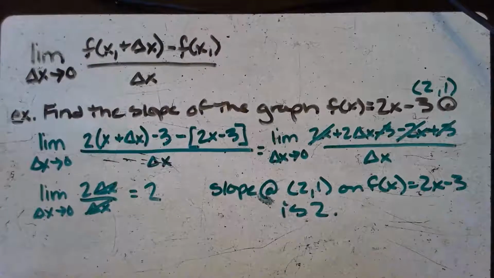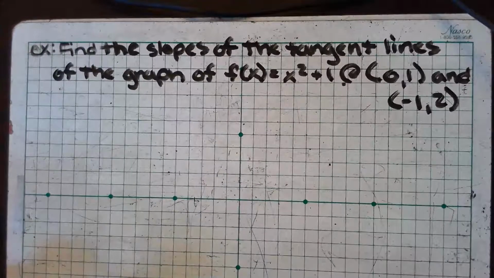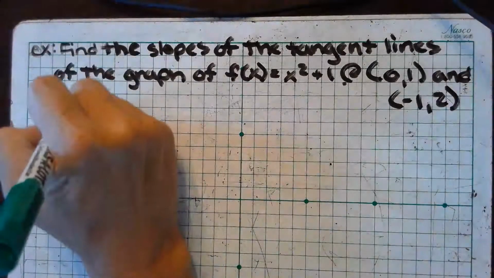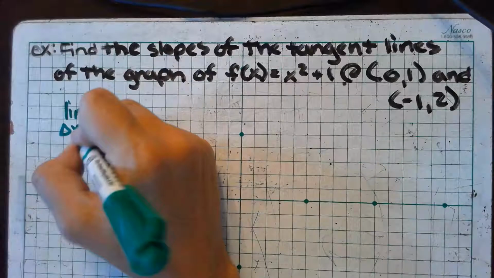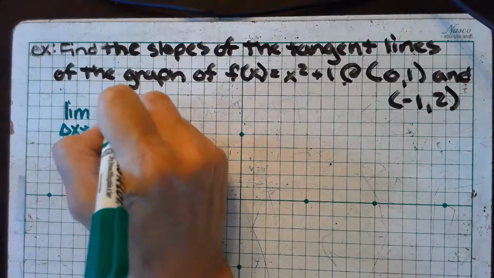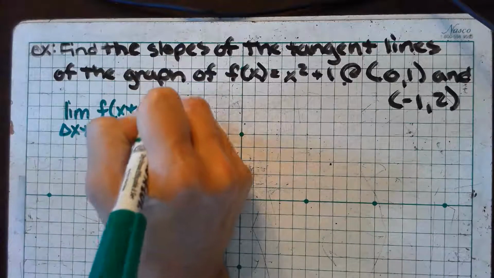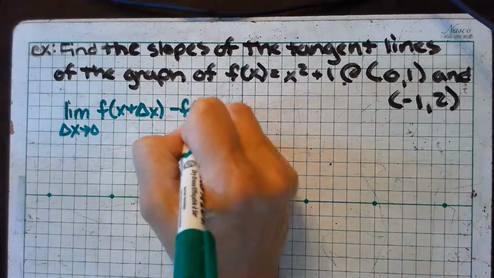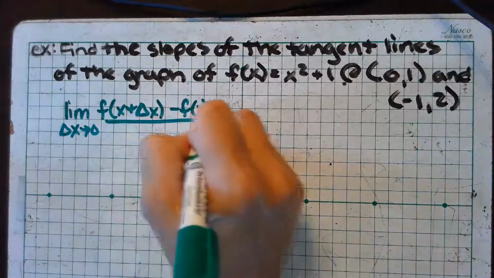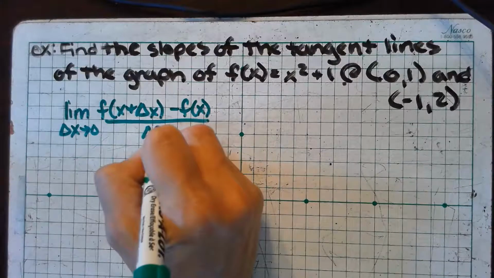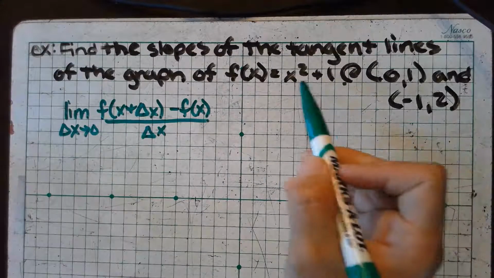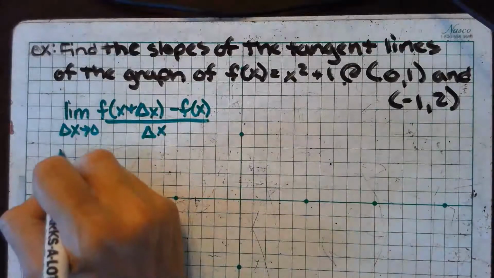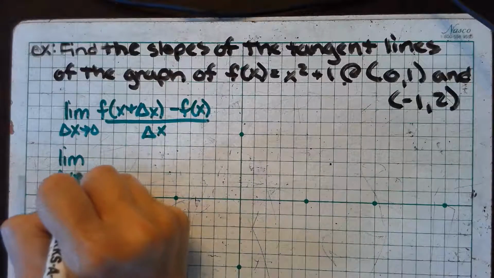Okay, let's do this again. We're going to use that same limit notation. If you need to rewrite it again, here it is. Sometimes instead of delta x, you will see them use h. It just depends on your book. All right, I'm just going to keep with delta x, but realize, again, you may see h instead. Okay, so here we go. We're going to do the limit as delta x goes to 0.